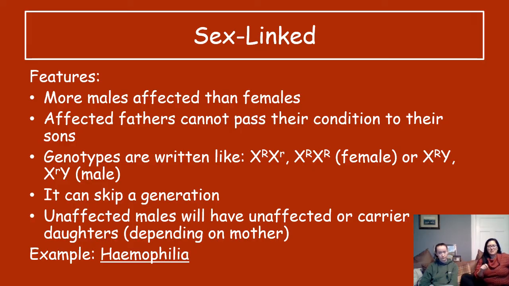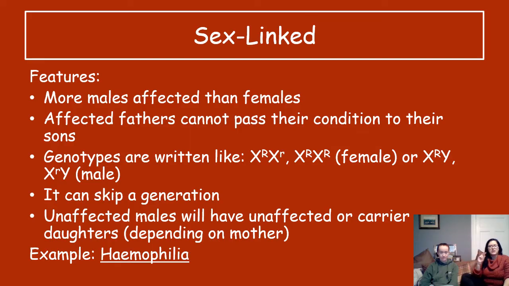Genotypes are written a bit differently. Now, we still use big letter, little letter, but you have to attach it onto the chromosomes that person has. So for females, you write 2 X chromosomes, and then you attach each letter to each X chromosome. So for example, using the letter R, a person who is homozygous recessive, you'd write X little r, X little r.